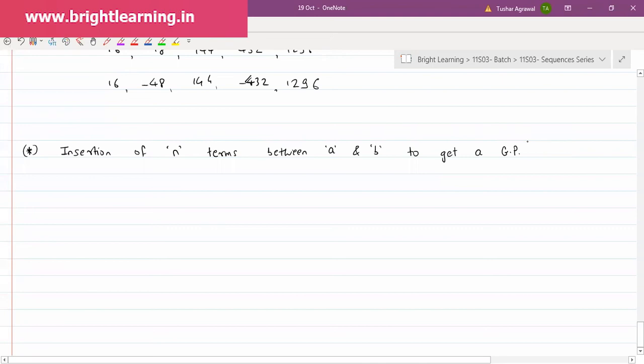A and B are fixed and n terms result in between. This is my A, this is my B, and n terms are inserted. I'm denoting those n terms as T1.